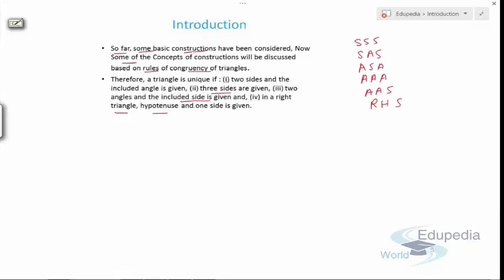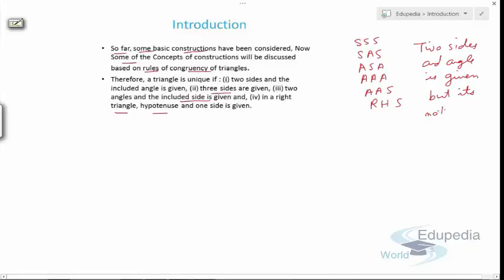However, let's say if we are given two sides and an angle, but it's not included, then we cannot construct a triangle.